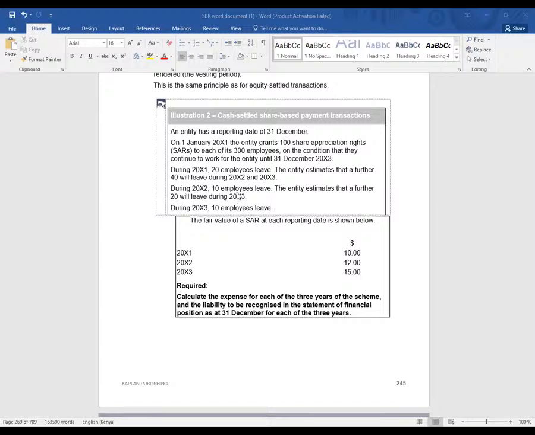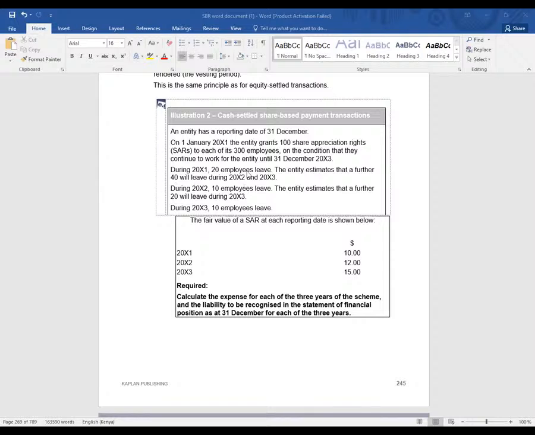But remember, these are 10 employees leaving in 2022, and the 20 will leave in 2023. But we want the total number of employees who will leave in 3 years. Fortunately, you have told us how many will leave in 2022 and in 2023, and we know how many left us in 2021.